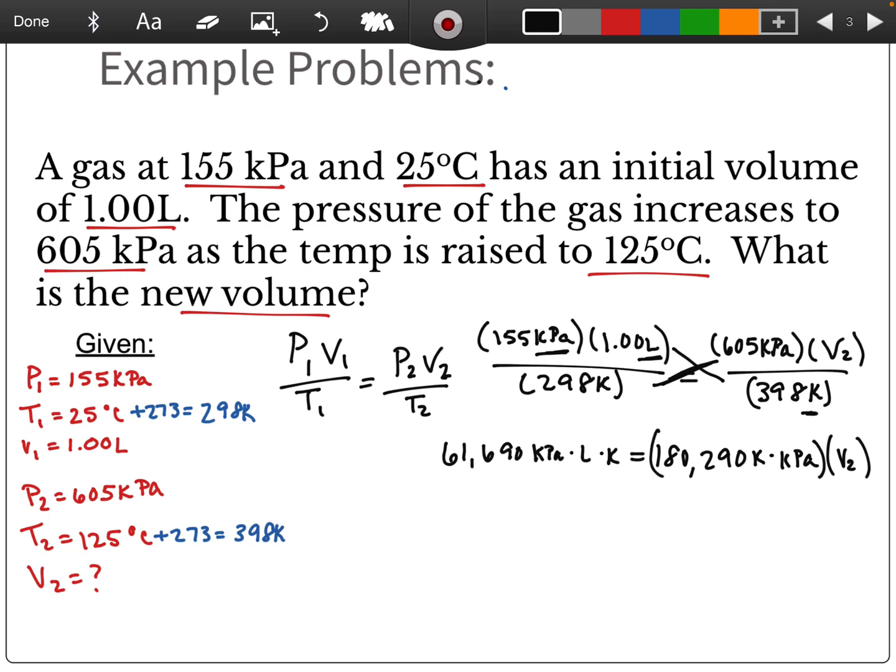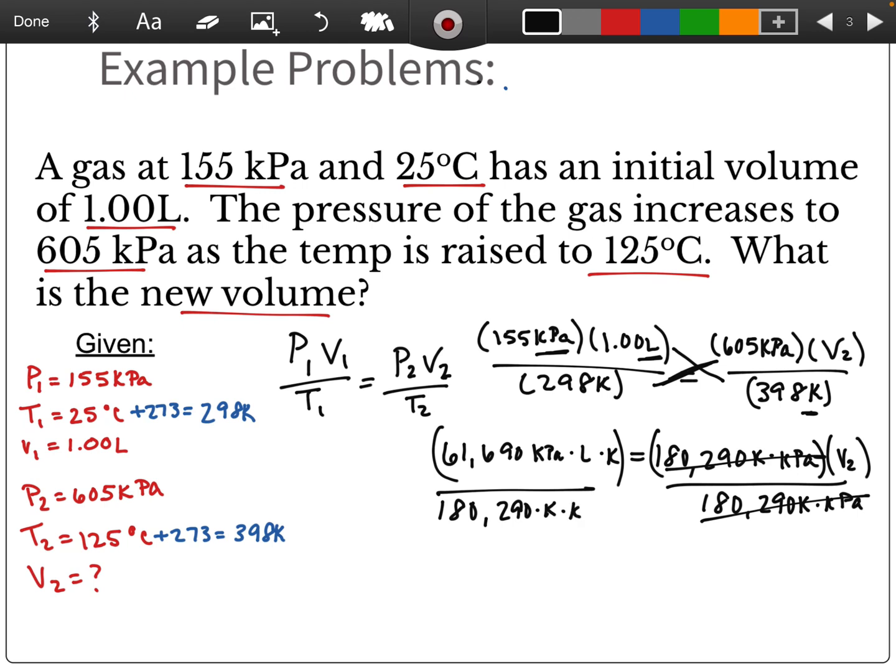To get V2 by itself, if you want to add the parentheses to these, you would divide each side by 180,290 Kelvin times kPa.